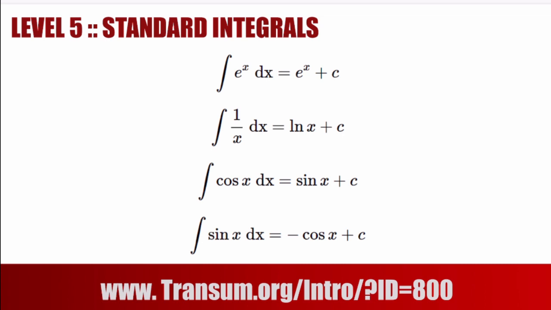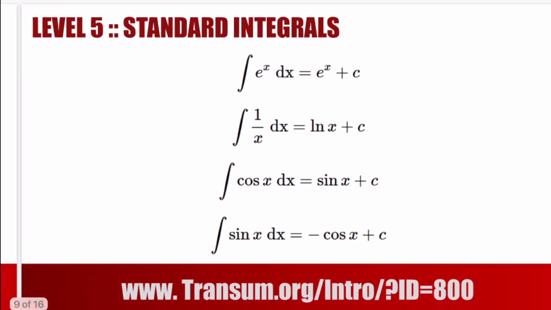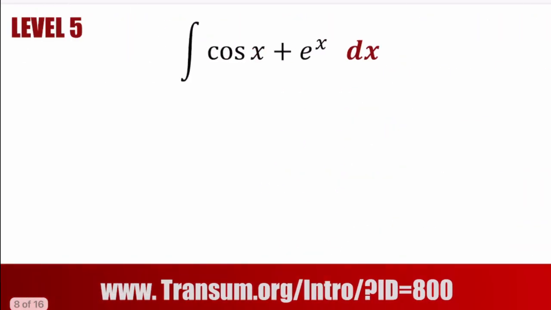So there are the other standard integrals that we'll need for this level of the exercise. And as you can see, it tells you that when you integrate cos x dx, you'll get sine x. So this is going to be equal to sine x. And then the next bit is easy, because when you integrate e to the x, you just get e to the x.